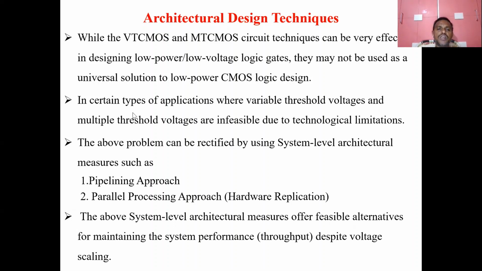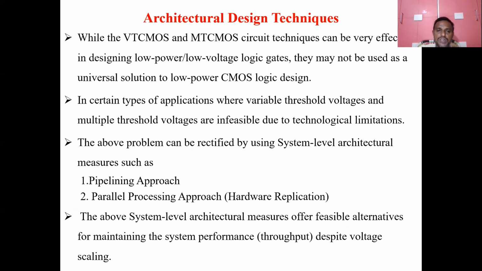Okay, so in certain types of applications where variable threshold voltage and multiple threshold voltages are infeasible due to technological limitations. So what are those technological limitations? On the chip, we have to place substrate bias. And at the same time, we have to place many transistors to implement MT CMOS, that is low threshold voltage transistors and high threshold voltage transistors on the chip.